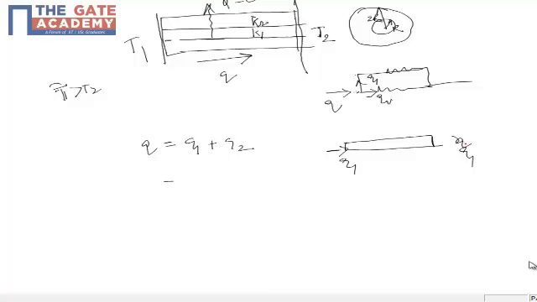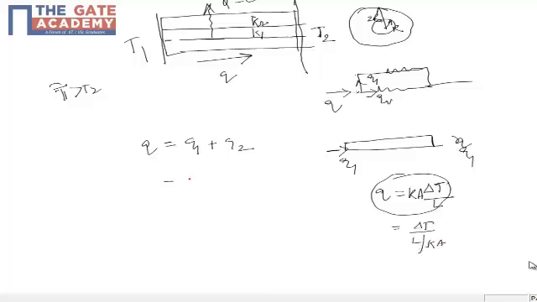It is similar to heat conduction in a slab, where you can write the steady state heat flow as K A delta T by L. So I'll write delta T at the top and L by KA at the bottom.